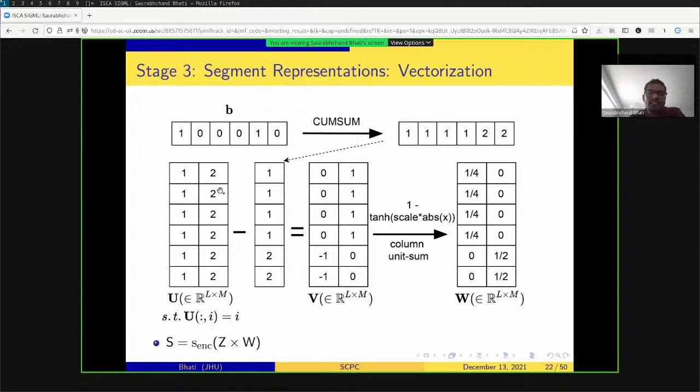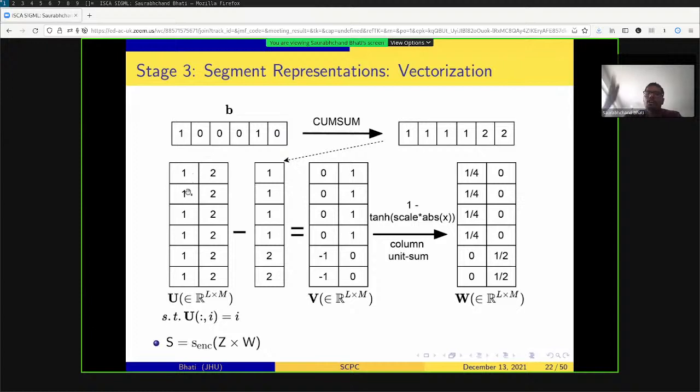And then we generate this mask matrix, which is of size L cross M, where L is the size of the utterance and M is the number of segments within that batch. You can find M by either taking the sum of B or the last index of this B modified. And each column i of this U, which is the mask matrix, is i.